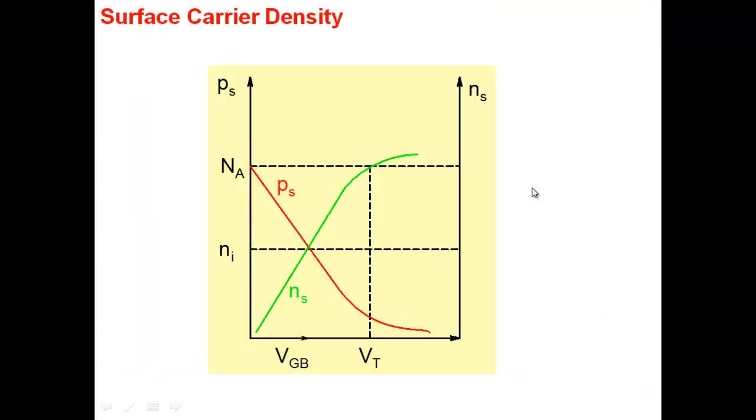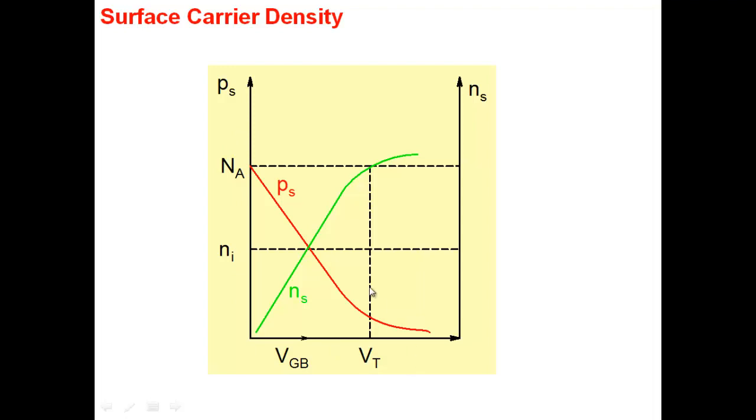In terms of a plot, this is what is happening as you apply a larger and larger voltage. You decrease the hole density and you increase the electron density. I've not shown the scale, but later on you would see that this is a semi-log scale, in the sense that this is a log axis and this is a linear axis.